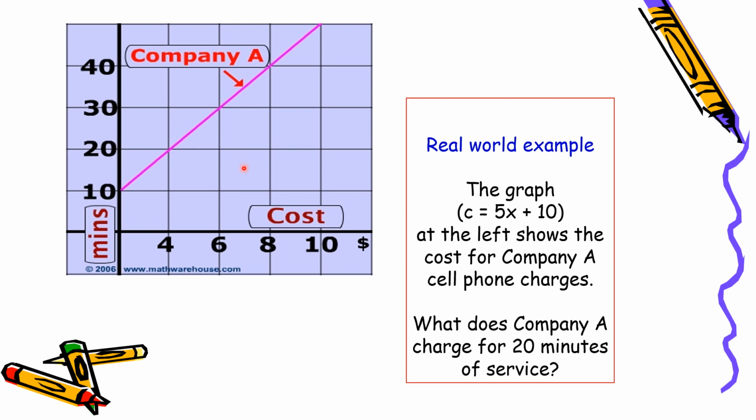For example, here we have a real world example. This is the graph of c equals 5x plus 10 at the left. It shows the cost for company A's cell phone charges.